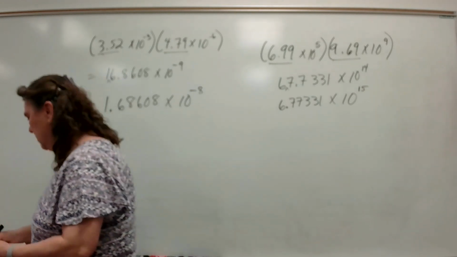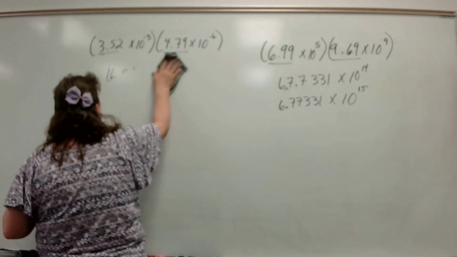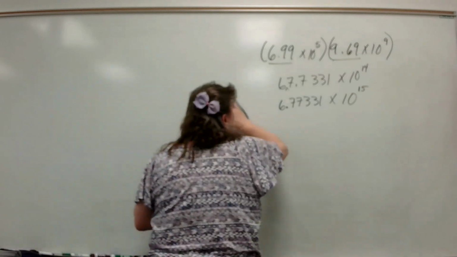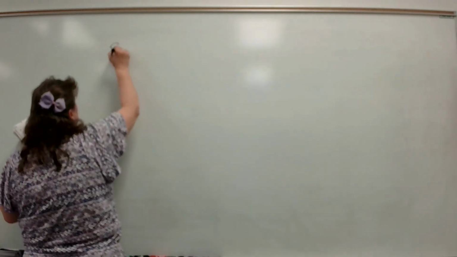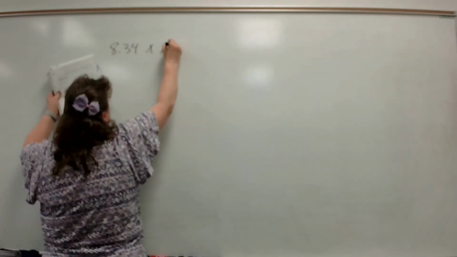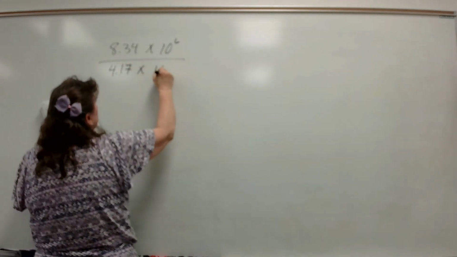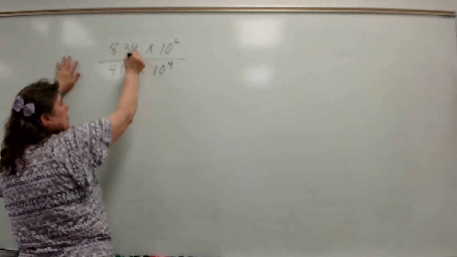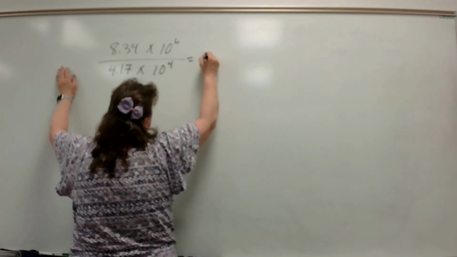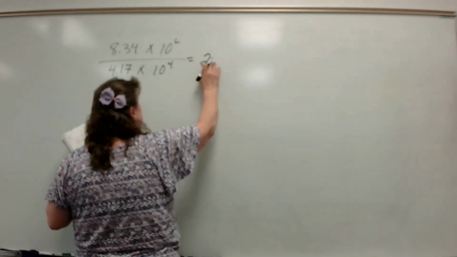Now let's look at division. .34 times 10 to the 6th divided by 4.17 times 10 to the 4th. Again, we divide this first part. 8.34 divided by 4.27 is equal to 2.0, or just 2.